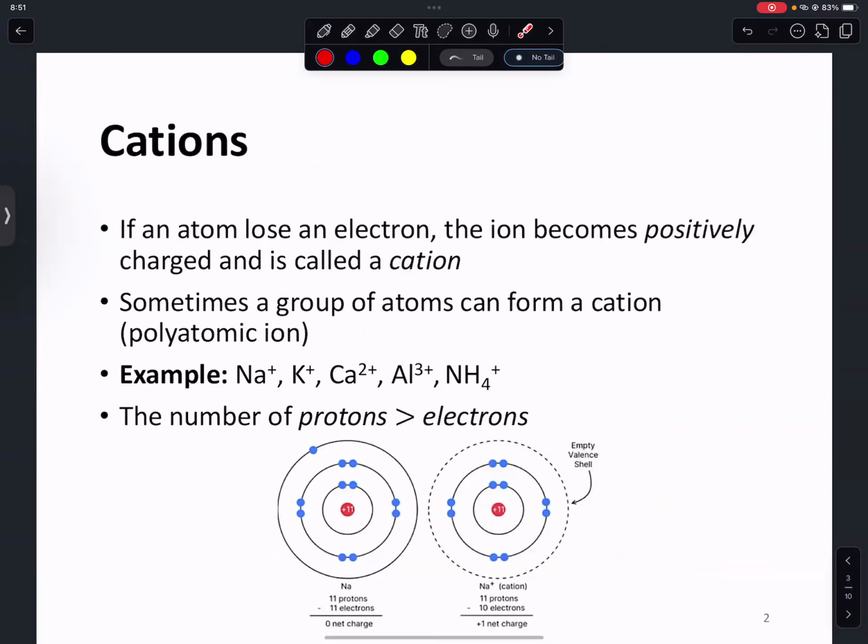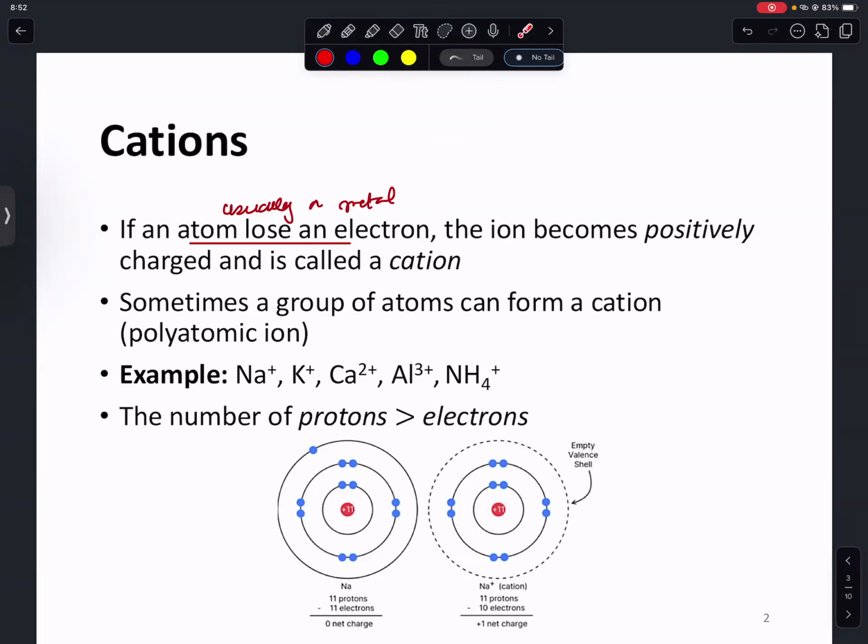Now, talking about cations, what leads to the formation of a cation? If an atom loses electrons, and this atom is usually a metal, this ion, as a result of electron loss, becomes positively charged and is called a cation.